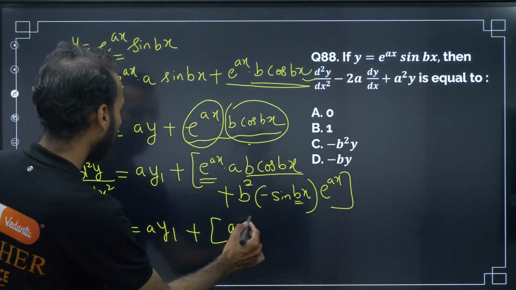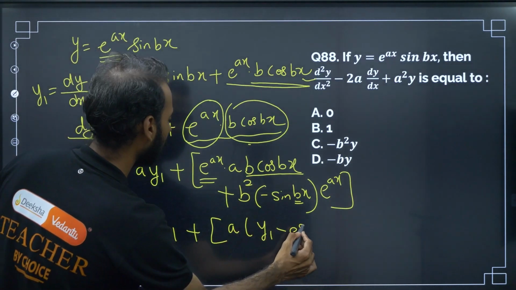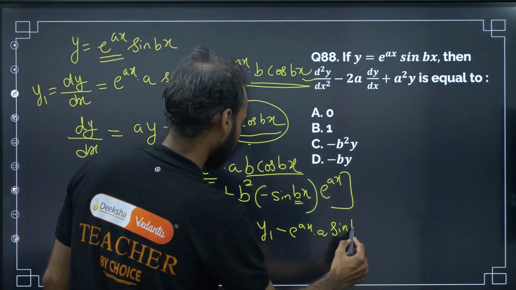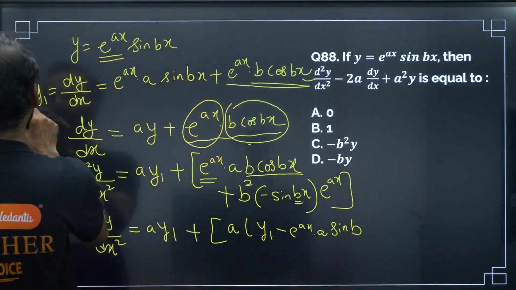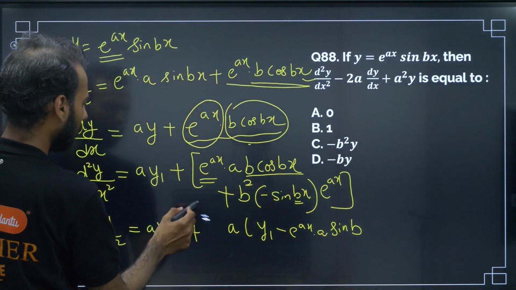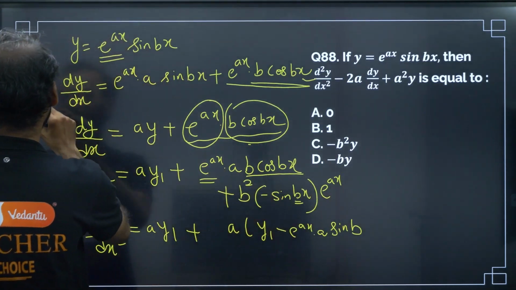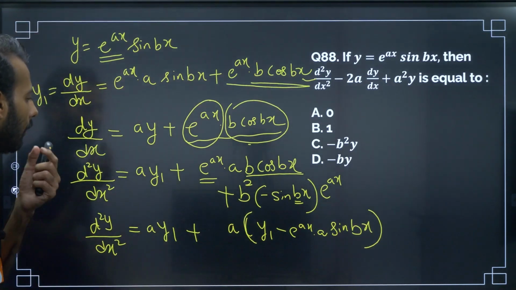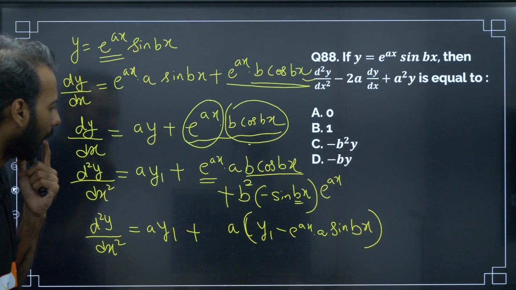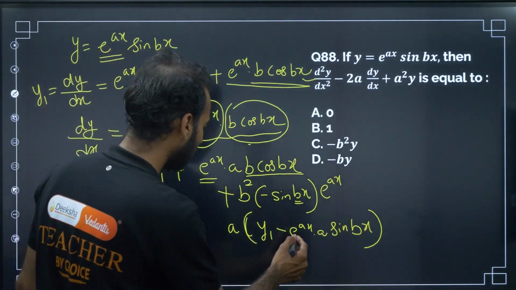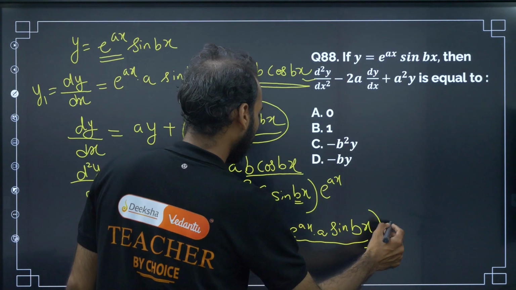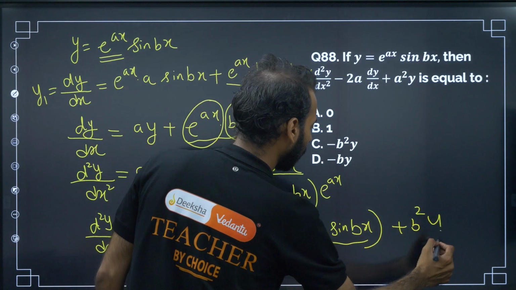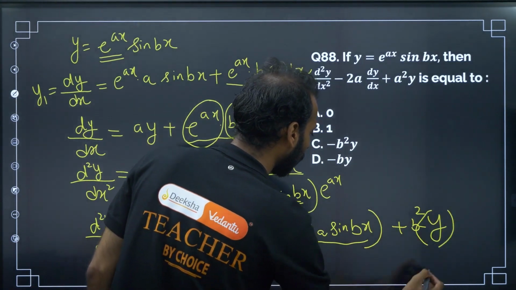For that I will write y1 minus e raised to ax a sin bx. No need to write this bracket. So a y1, e raised to ax sin bx can be replaced with y, plus b square sin bx e raised to ax is y. In fact it is negative y, so I am writing negative also.